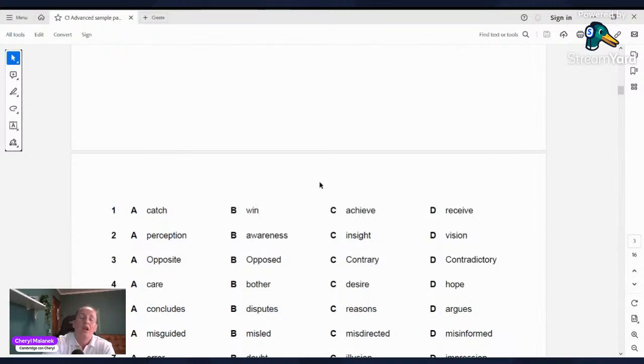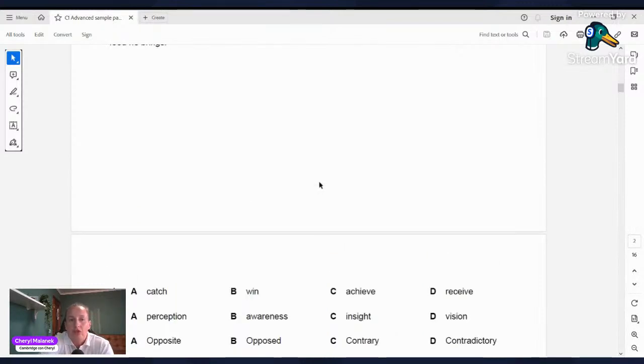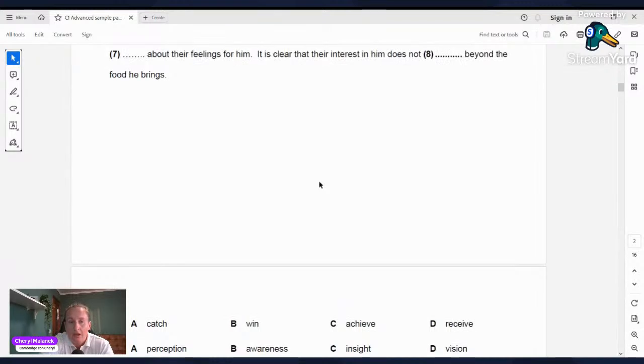Okay, so if I just learned the word trust, then I'm not really expanding my vocabulary very much. However, if I learn the verbs that go with trust, the expressions that go with trust, the different formations of the word, rather than just one word, it's going to help me with this part of the exam. And not just this part of the exam.